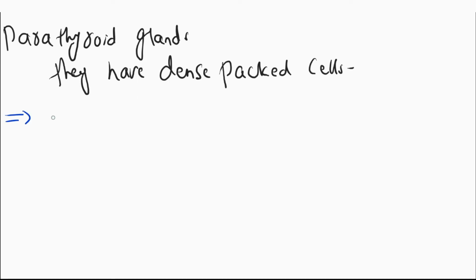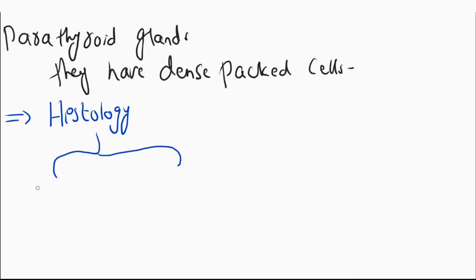When we see the histology of parathyroid glands, they have 2 types of cells. One is chief cells and the other is oxyphil cells.